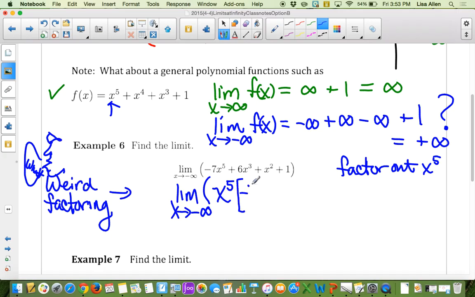So that leaves a negative 7 plus 6 over x squared plus 1 over x cubed plus 1 over x to the fifth.